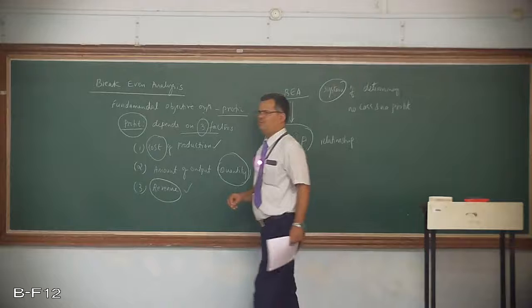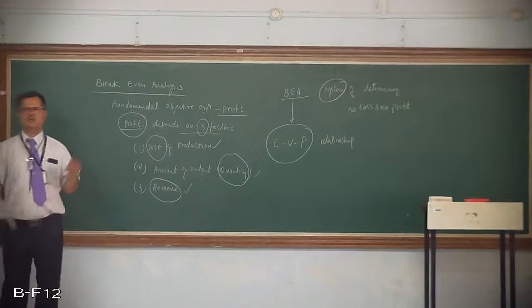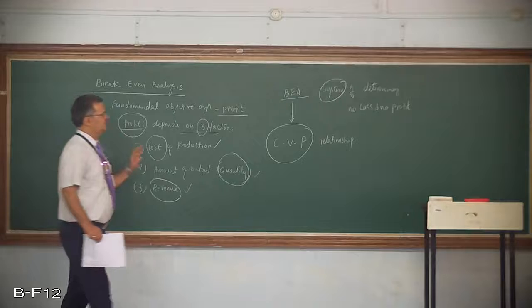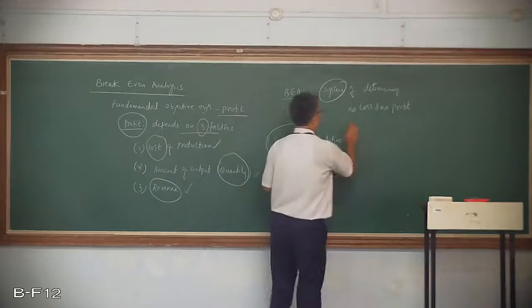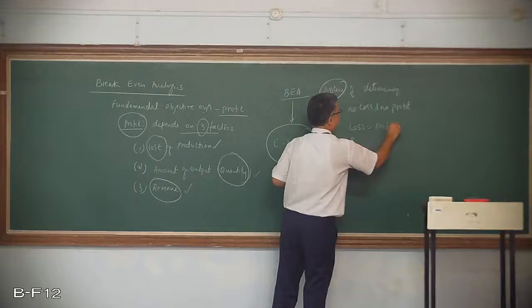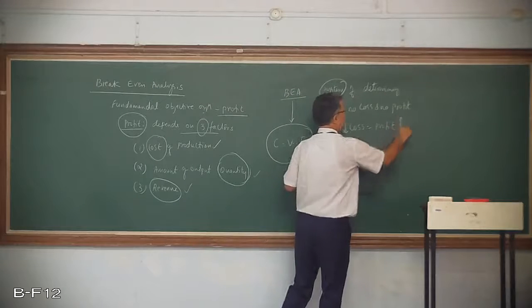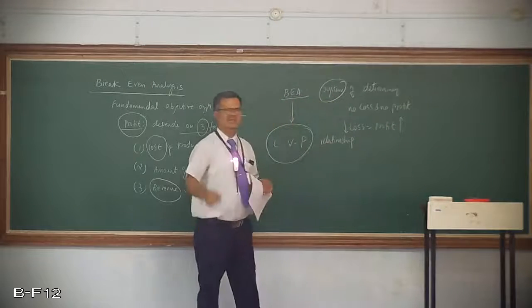What is manufactured has to be sold, so they have to equate loss and profit. Later they have to reduce loss and increase the profit. That is a later stage.